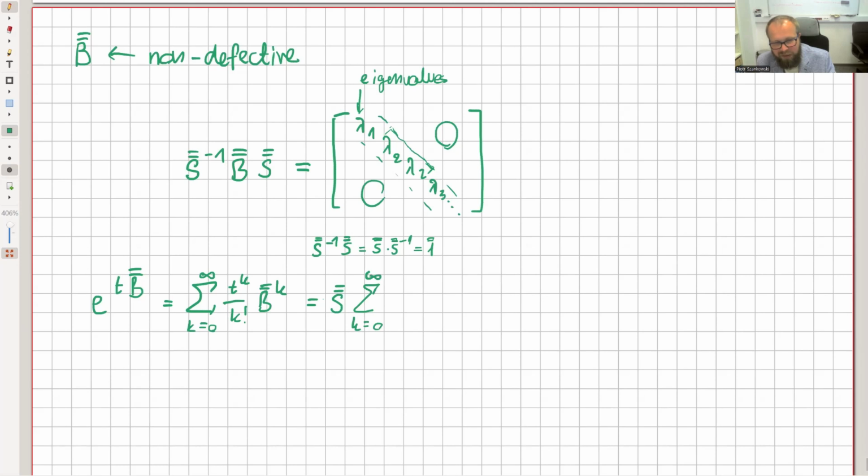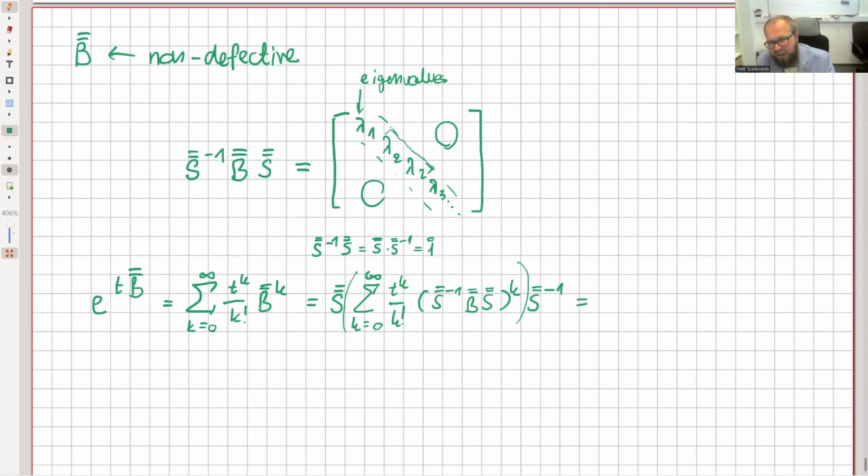The sum over k from 0 to infinity, t^k over k factorial, S minus 1 B S to the power k, S minus 1. You can write it like that.